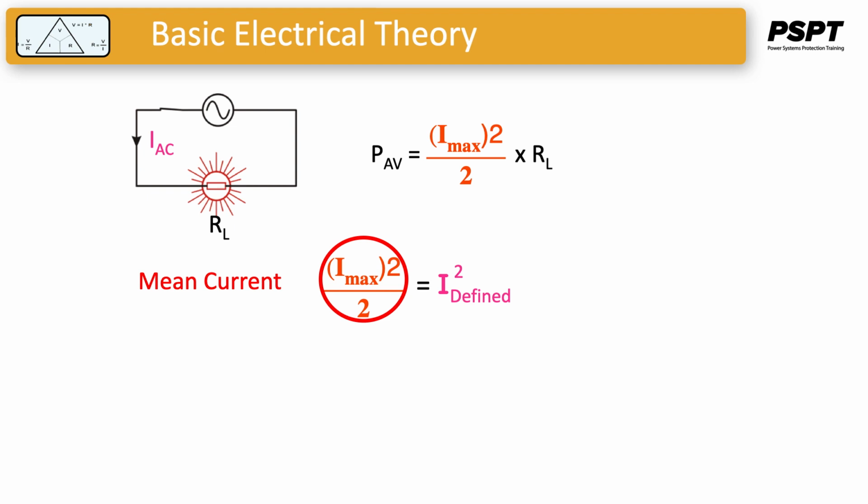In other words, when that current, let's call it I with a subscript defined for now, is squared and multiplied by R L, it gives us the average power. But I defined squared is also equal to I max squared over 2.